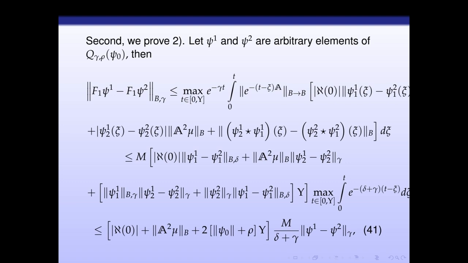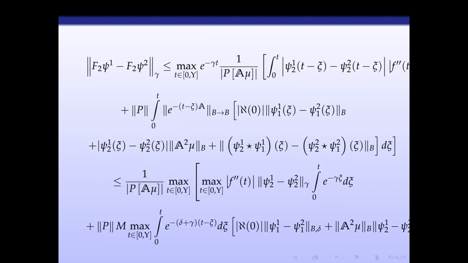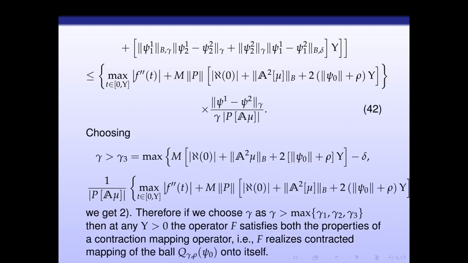We take C1, C2 as arbitrary elements, and first we give an estimate for the first coordinates. As you see, we also have formula 31, and so now this first norm, and the second norm similarly. Now we have an estimate if we choose gamma greater than gamma 3, the maximum, where we write the number taken from 31 first, and this is the second one.